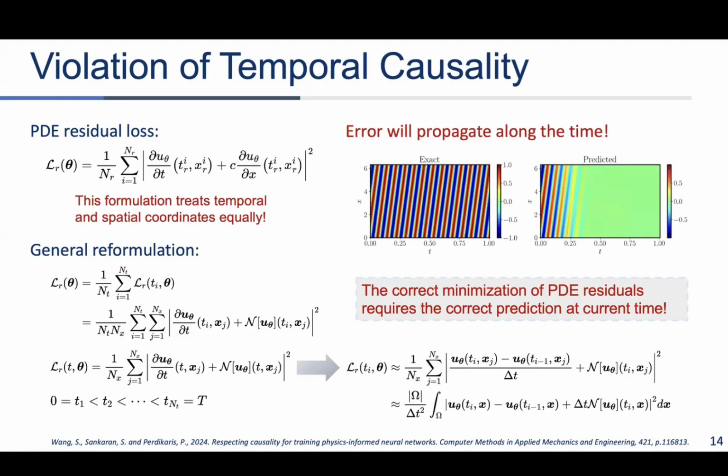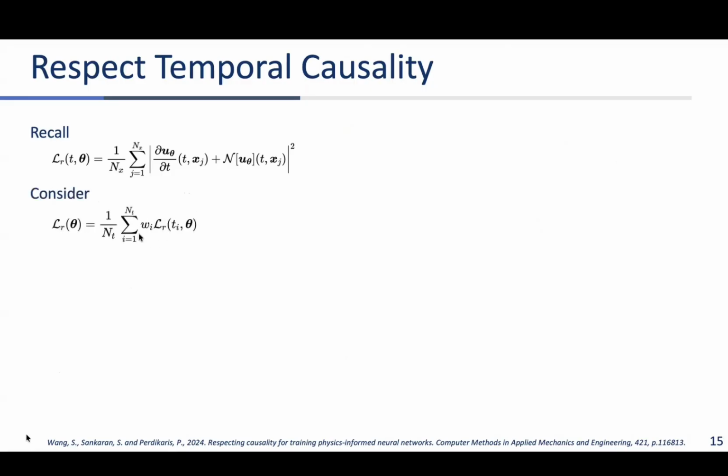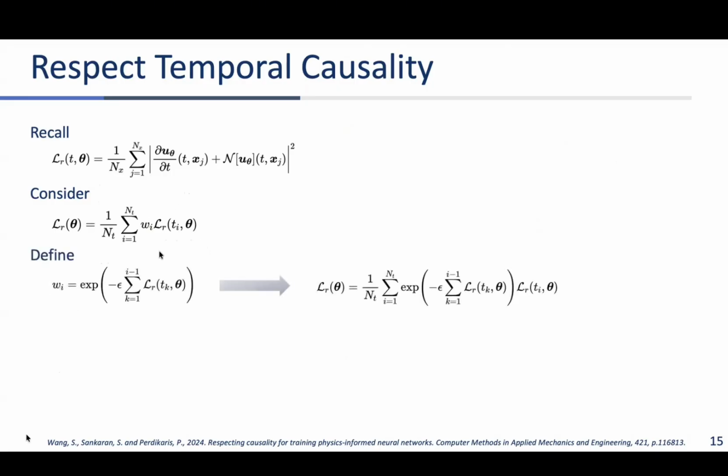But once we realize that, the solution could also be straightforward. Recall the definition of the temporal PDE residual loss, L_R of t, theta. Then we can consider assigning temporal weights w_i to each temporal PDE residual loss at each t_i. More specifically, we consider such a weighting scheme.